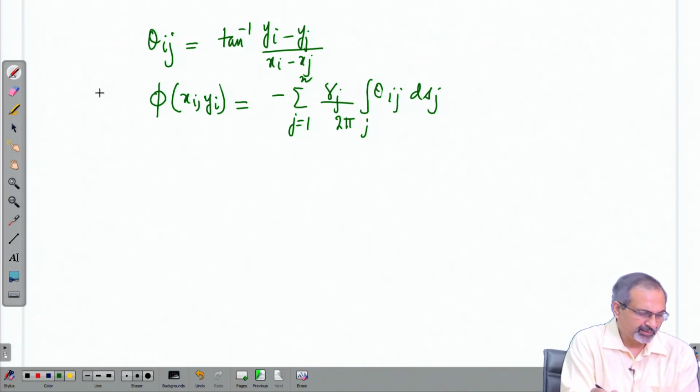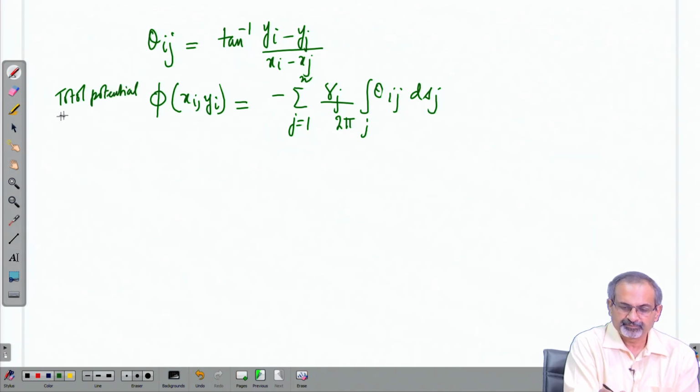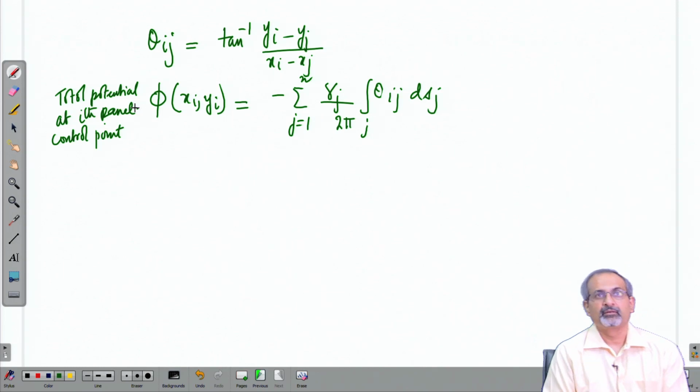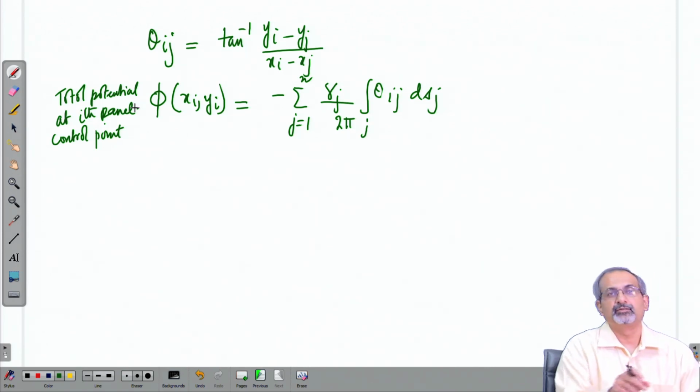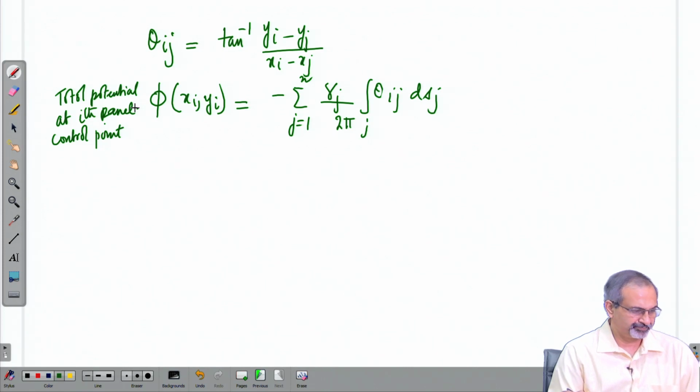So, this is the total potential at the ith panel control point. Total potential in the sense of due to the distribution of vorticity over the body. That is the total influence we are talking about.